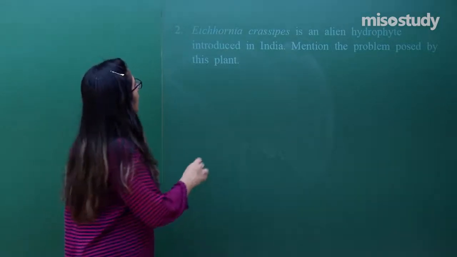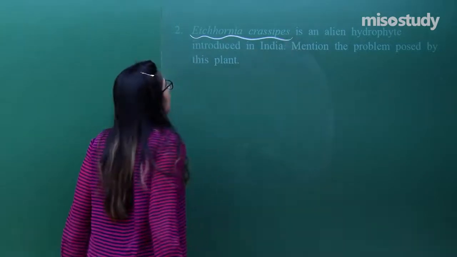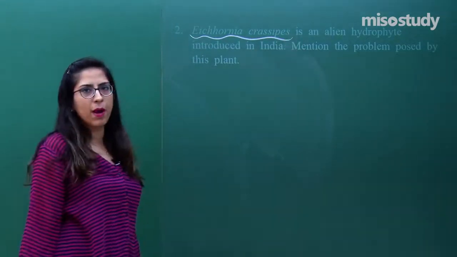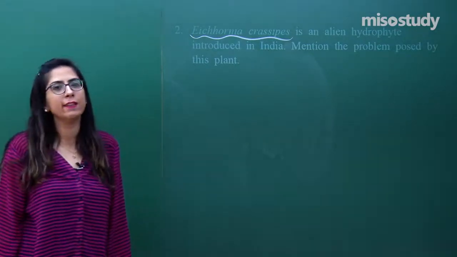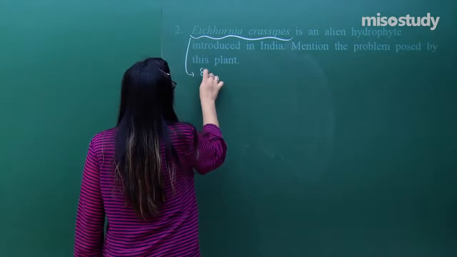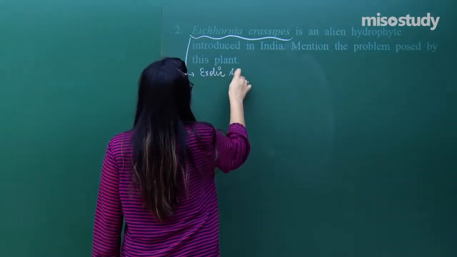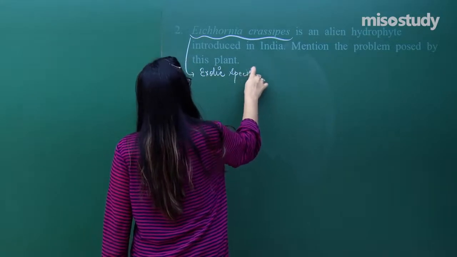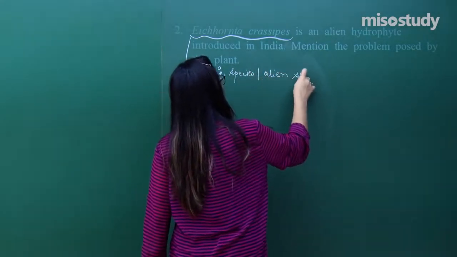When I was talking about the threats to biodiversity, Eichhornia was one of the alien species, that is, an exotic species.